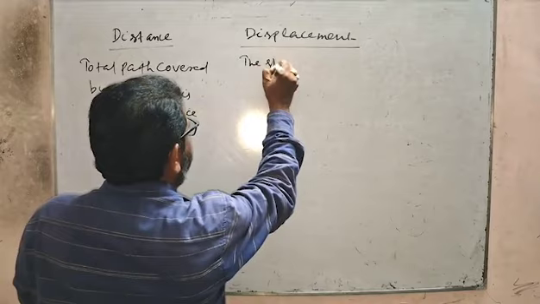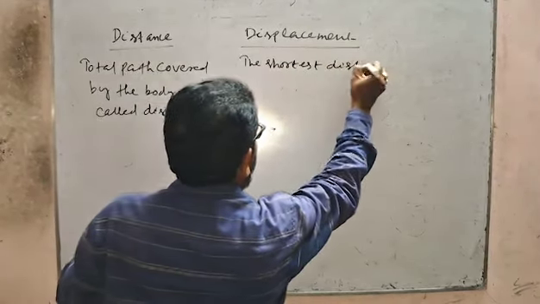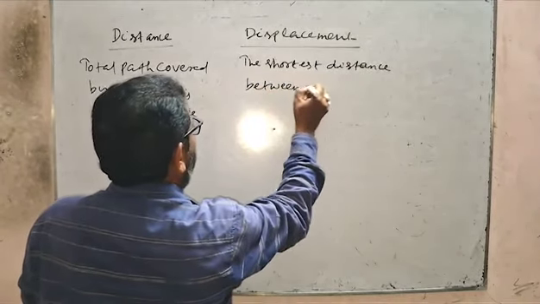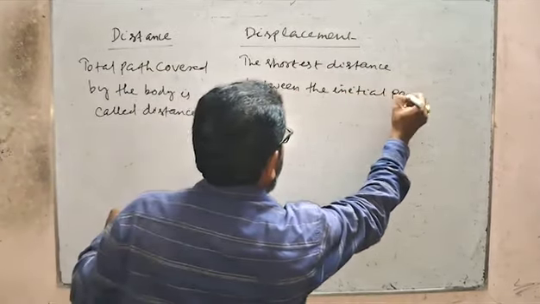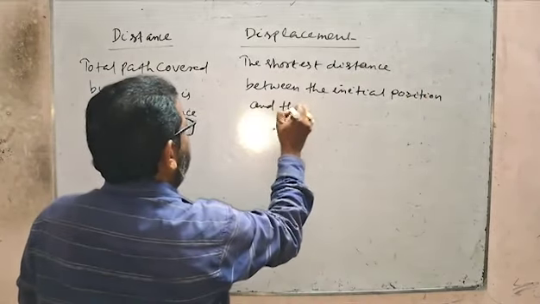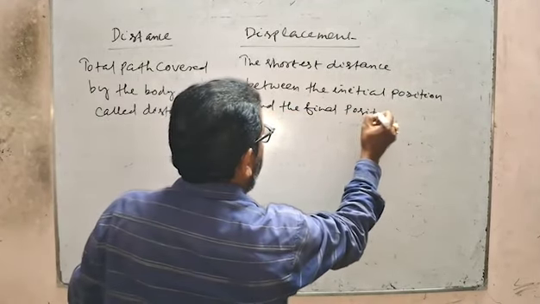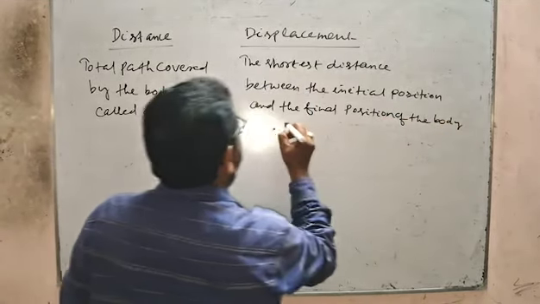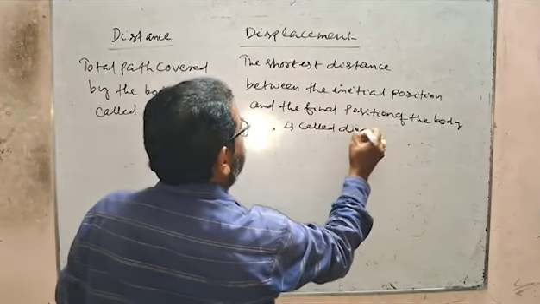The shortest distance between the initial position and the final position of the body is called displacement.